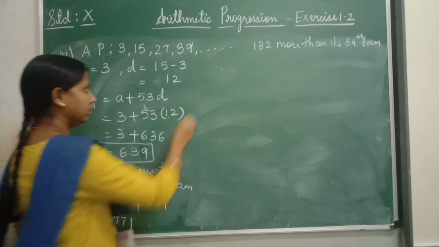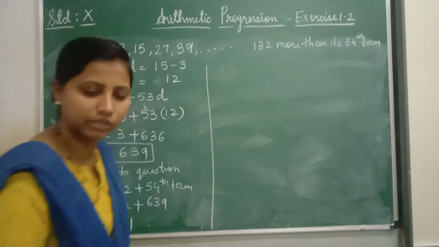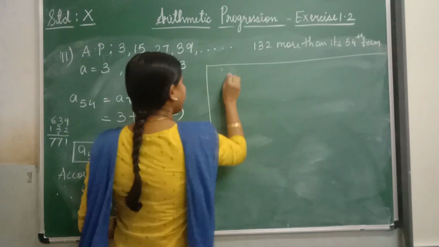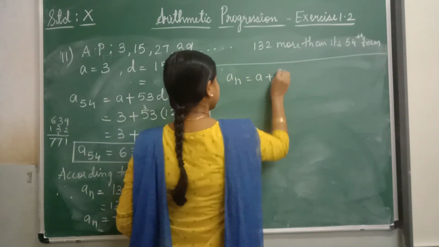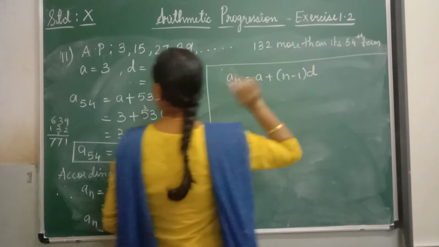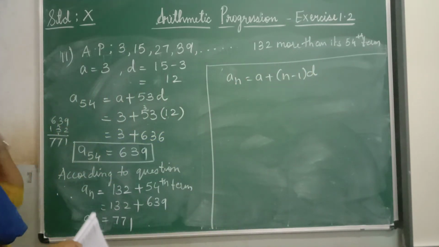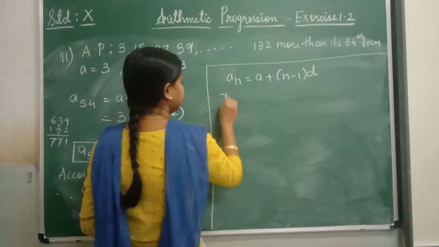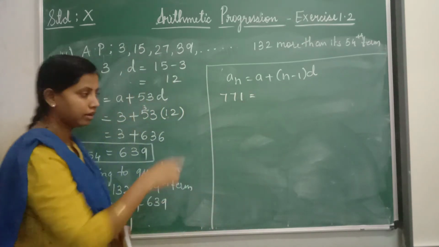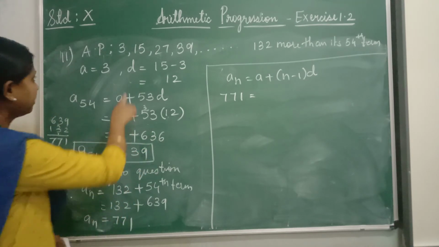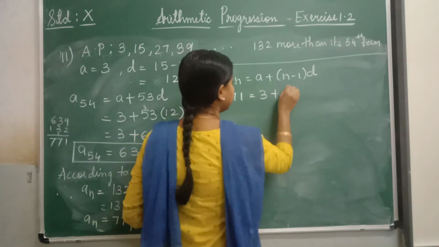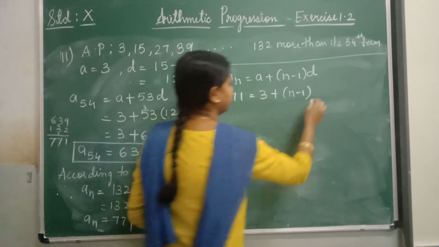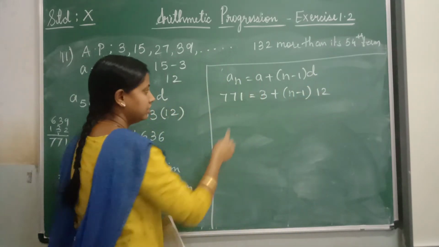To find that, we have to substitute again. an is equal to a plus n minus 1 into d. So an is nothing but 771. a is 3, plus n minus 1 into d. d is 12.